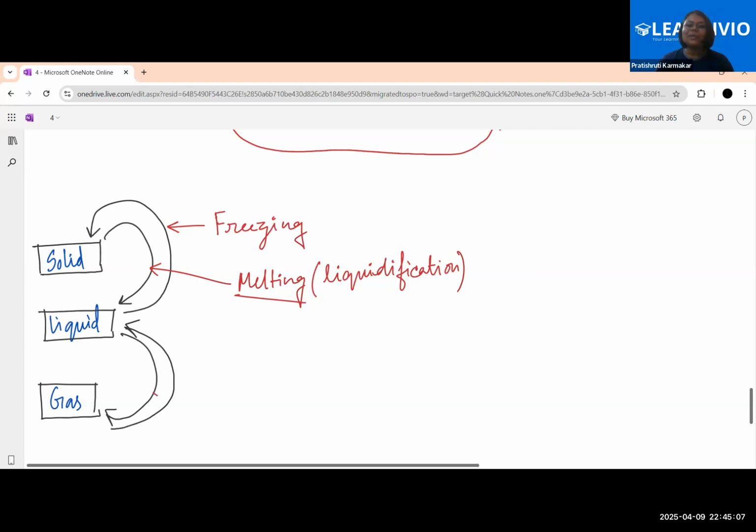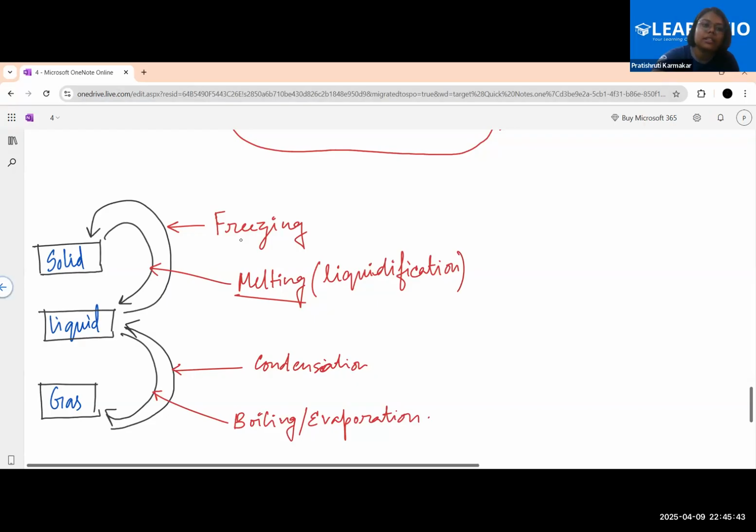Now liquid to gas: boiling, evaporation, right? And gas to liquid: condensation.